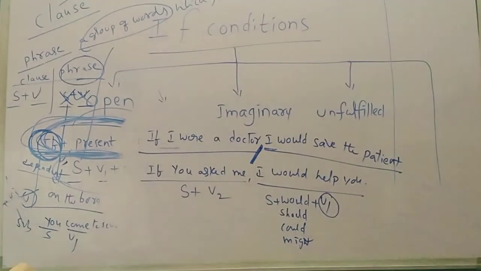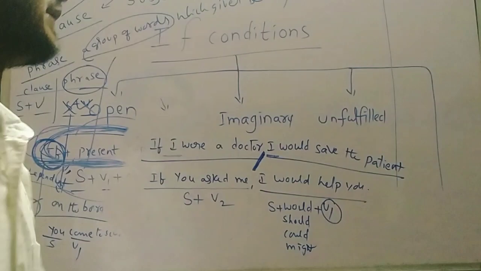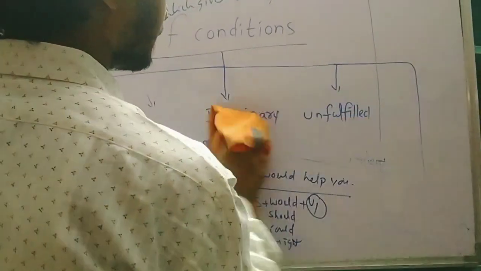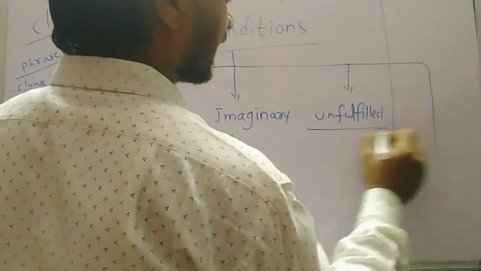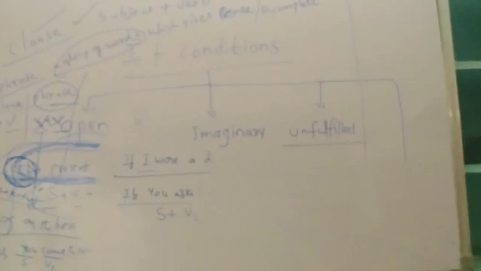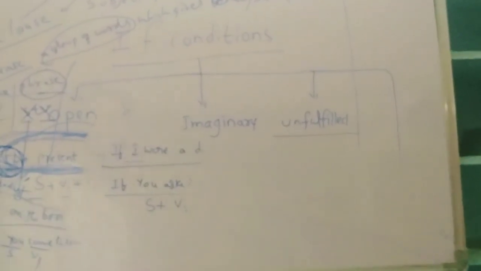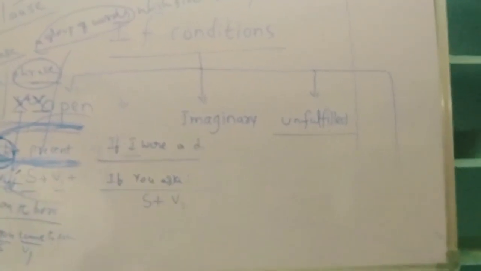The next condition is unfulfilled condition. An unfulfilled condition is one which was not fulfilled in the past action. Here the probability is 0% because this particular action was already completed.